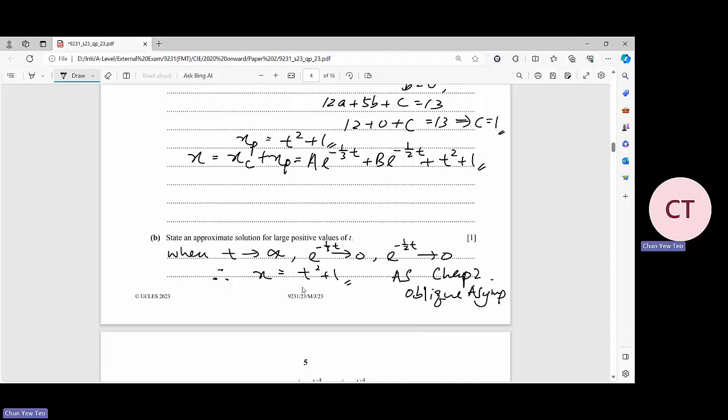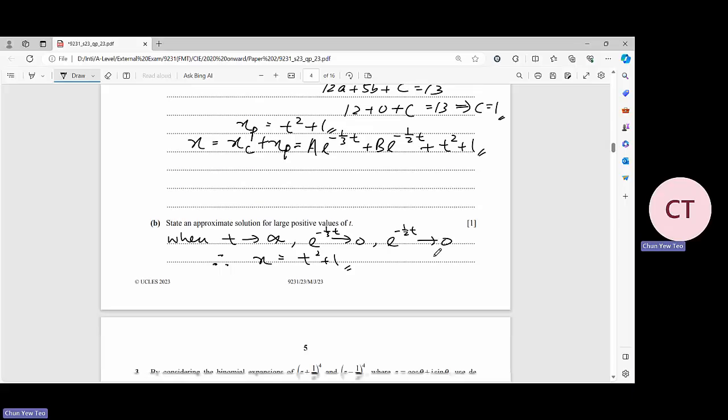When they are approaching infinity, you just say that your oblique asymptote is equal to a particular function. But we will not say that it's approaching. So this one, the answer is x equal to t squared plus 1. That will be the answer. Okay.